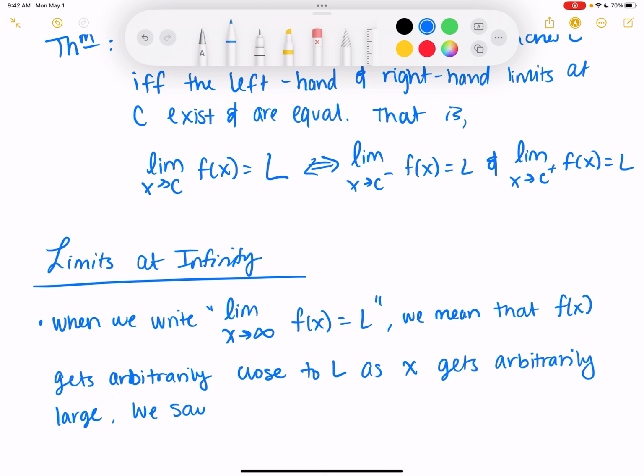We say that f has a limit L as x approaches infinity.